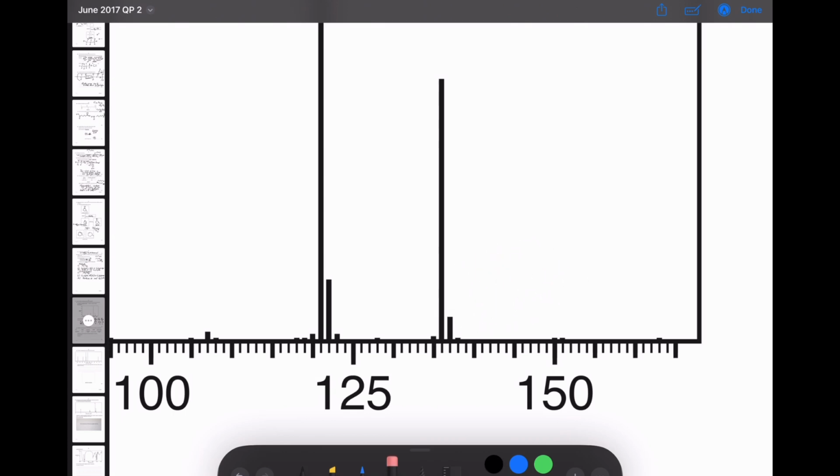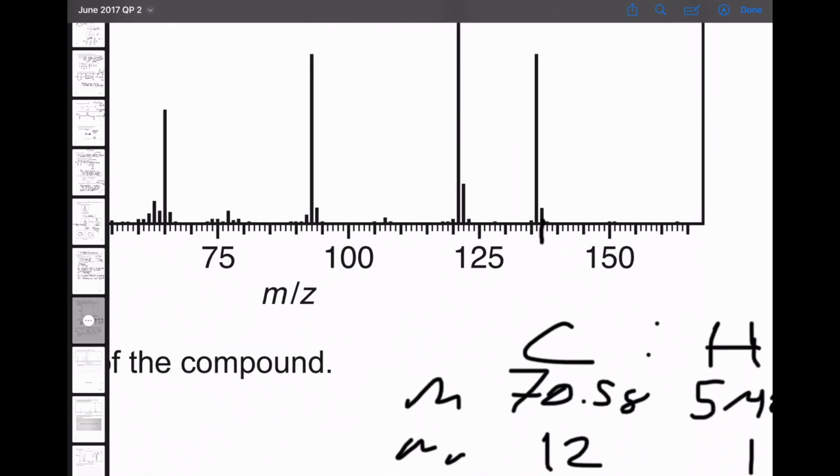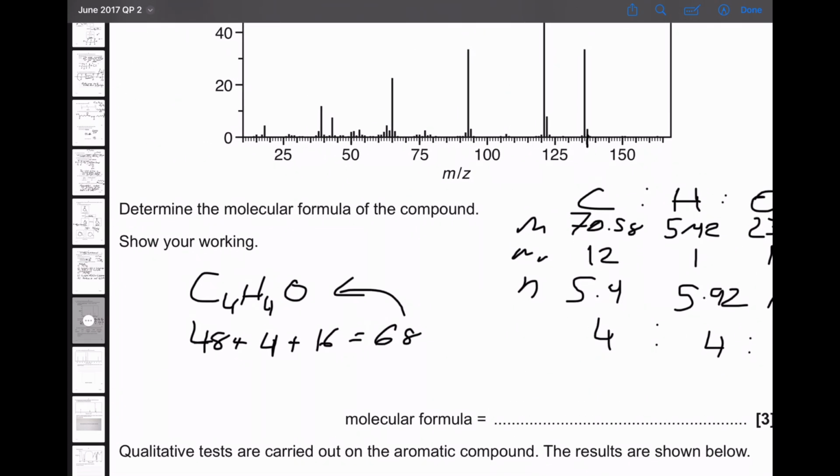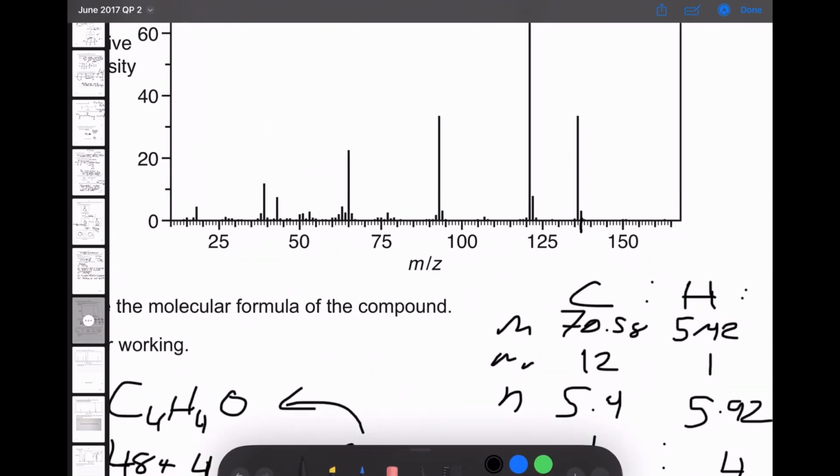So this one here is at 125, 120, 130, 132, 137. Okay, so I might be wrong here. Yeah, I am. So rather than that little peak, we're going to use this larger one.